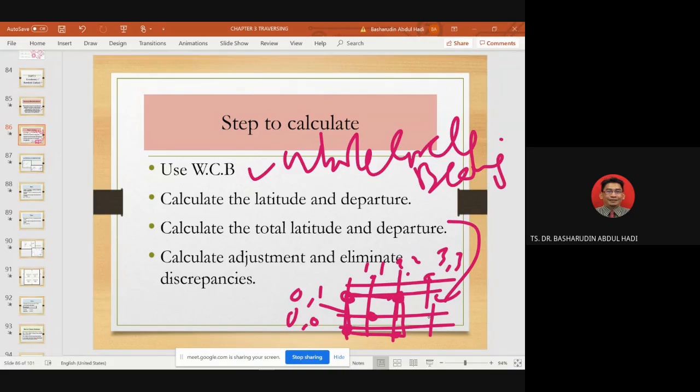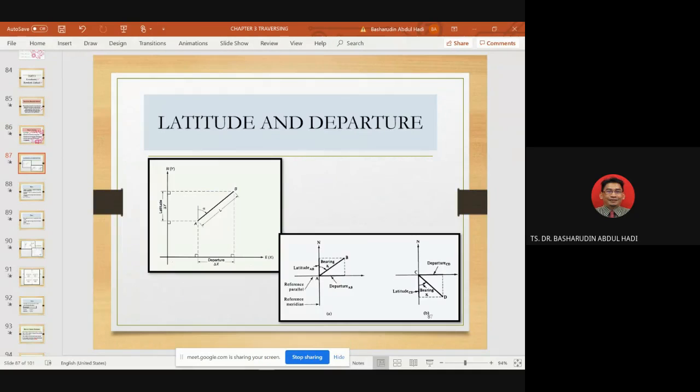Calculate the total latitude and departure. Calculate the adjustment and eliminate the discrepancy. And don't worry, we show you a bit about this process. So there is a next page, latitude and departure.